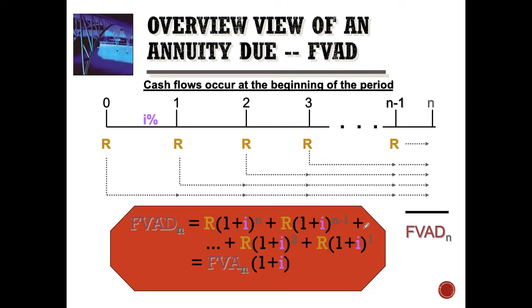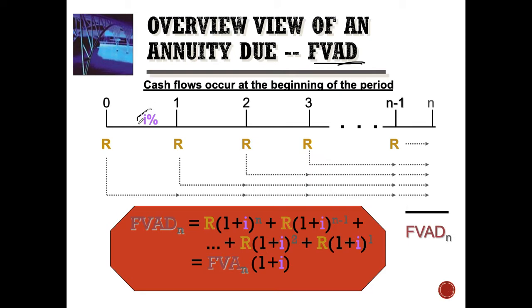Okay, now we continue to the overview of an annuity due. Future value annuity due, FVAD. This is the formula.